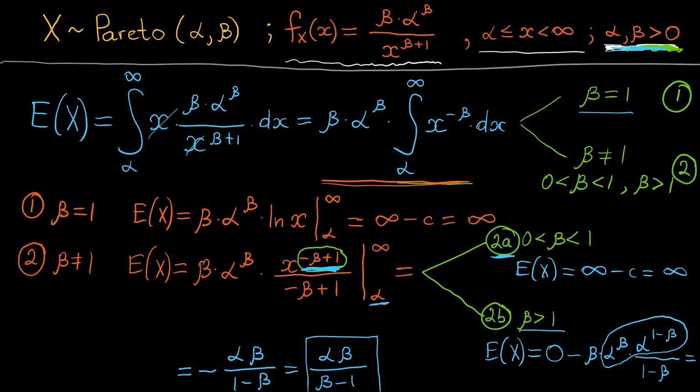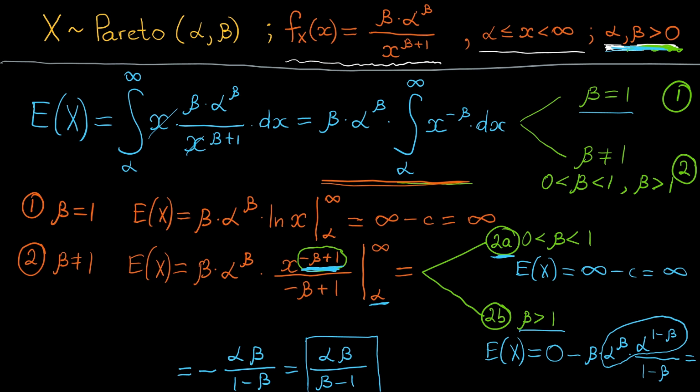But we have shown that only if beta is greater than 1, then we get members of this family that actually have an expected value defined. If beta is strictly greater than 0, but less than or equal to 1, then we get members of this family of distributions that do not have an expected value. In a little bit, we'll look at the Cauchy family of distributions. There, the situation will be very different.